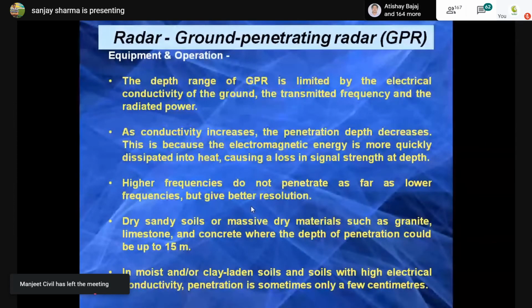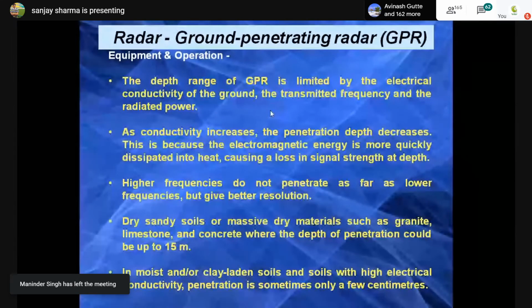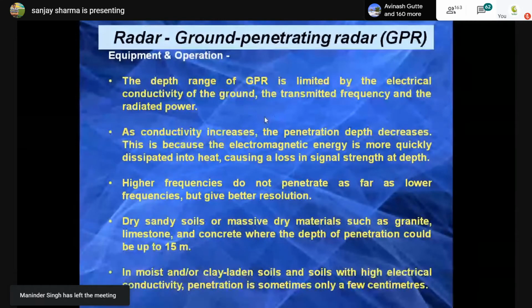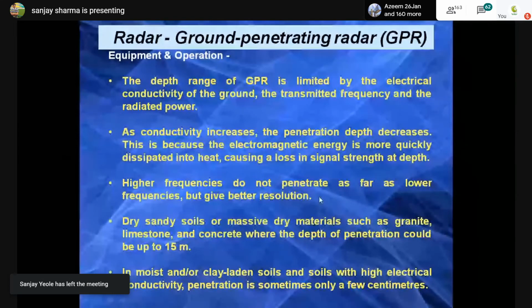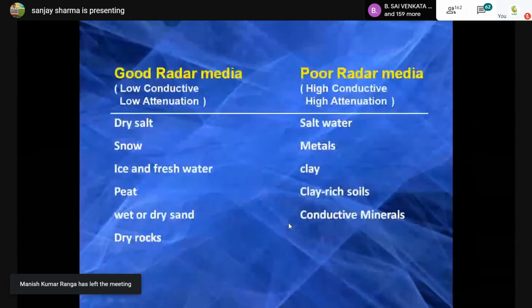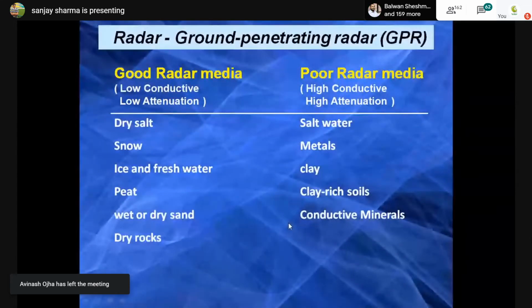So again there are limitations. Operation is basically this: you put it on the surface, send the waves inside, receive them, and then carry out the analysis. Depending upon the type of strata, you can find out what penetration can take place. This is what you can call the radar media.